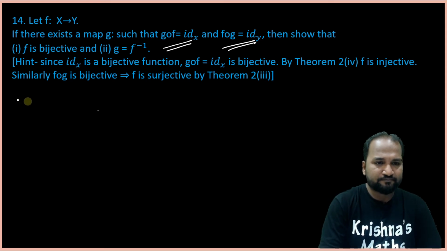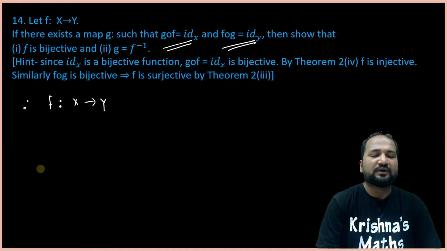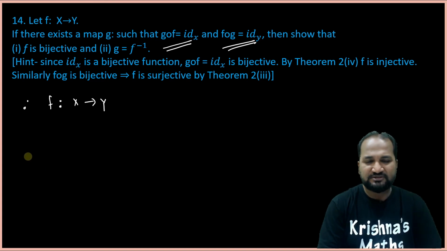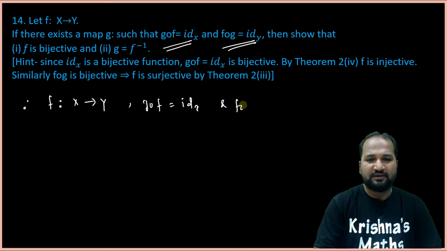Since f is a function from X to Y, this is given to you. And if there exists a mapping g such that g of f is equal to identity of X and f of g is equal to identity of Y.